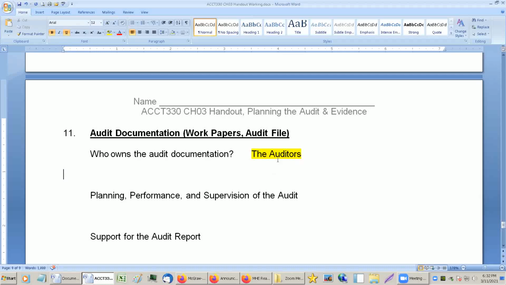Now, these are, however, confidential. So even though you own the information, you cannot just go out and put it on the internet. You know, if you're doing an audit of IBM, you can't go out and put the work papers on the internet saying, look, this is the audit we just did of IBM.